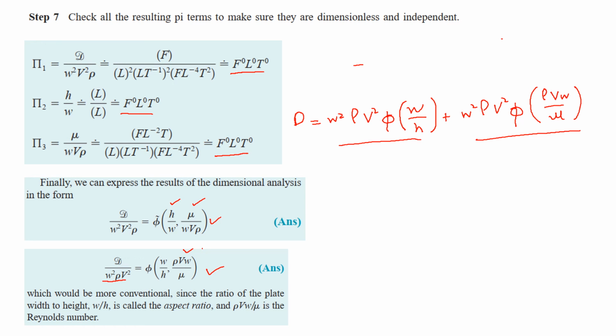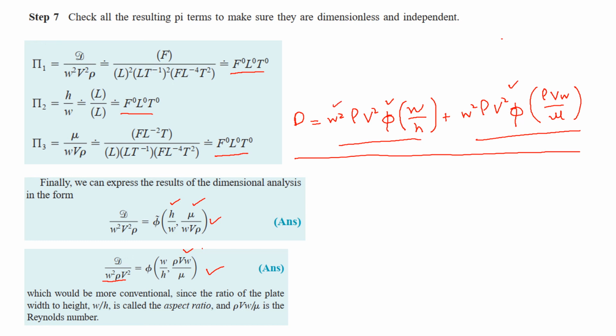What we need to do is find the value of this constant, and for that we need to run some experiments first to identify the value of the constant. Then we can use this equation right here to see the effect on the drag force of these different independent variables.